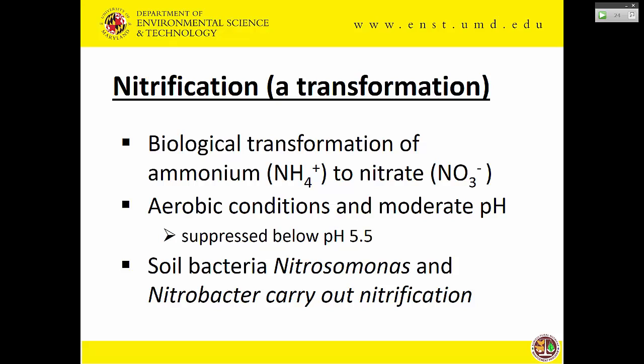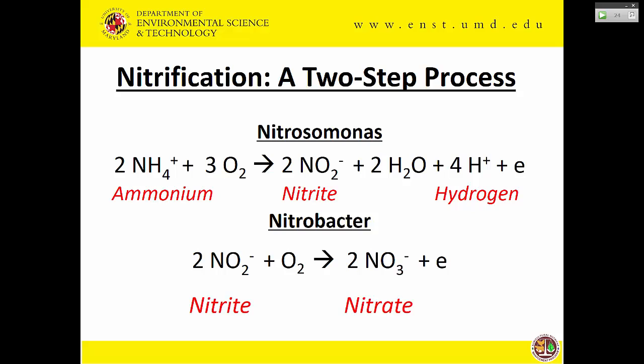There are two sets of organisms that do this conversion. The first set is called Nitrosomonas, a set of bacteria. What they do is, there's ammonium, and there needs to be oxygen in the system, and they change this to another intermediate form called nitrite. Then the other set of bacteria act on the nitrite, take more oxygen from the soil, and change it to nitrate.